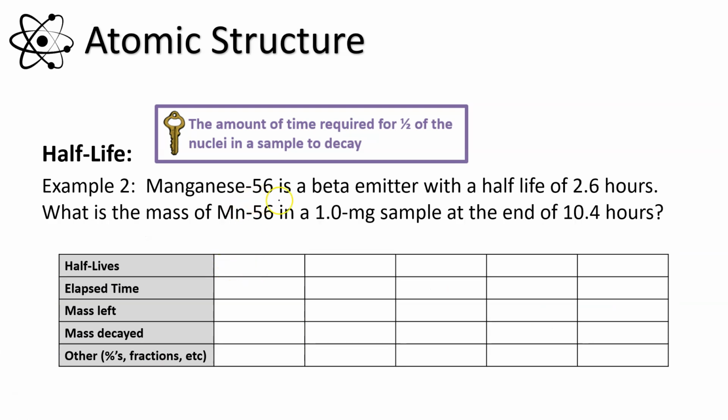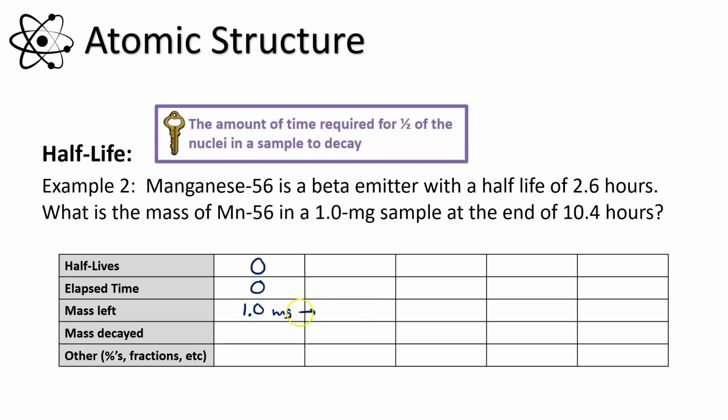Here's another example that says manganese-56 is a beta emitter with a half-life of 2.6 hours. What is the mass in a 1 milligram sample at the end of 10.4 hours? So remember, we always start at 0 half-lives, 0 elapsed time, with an initial mass in this case of 1 milligram.